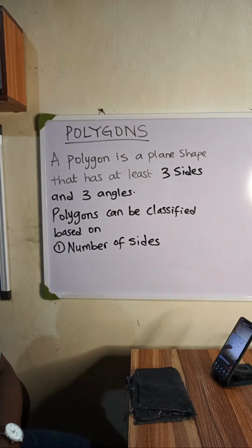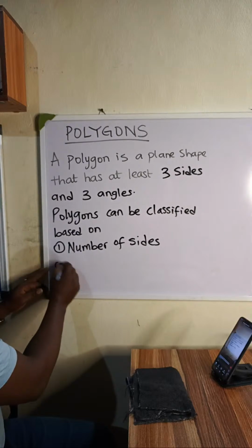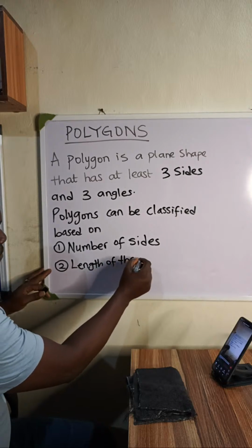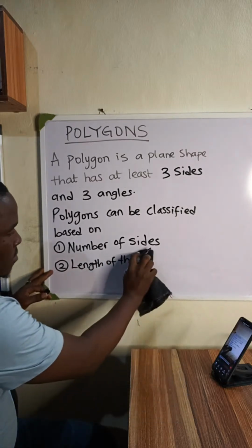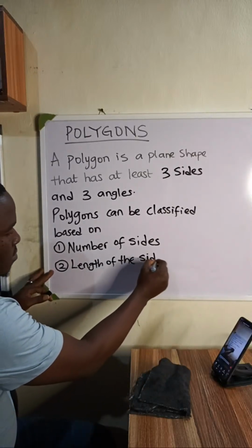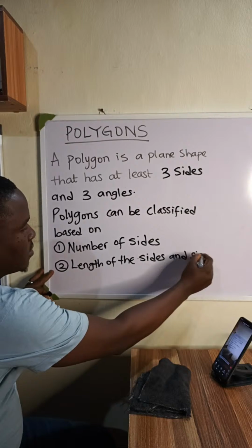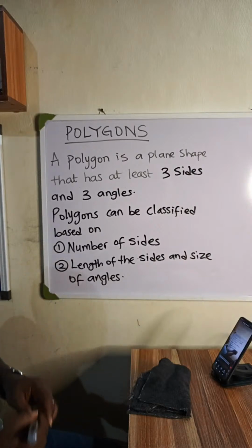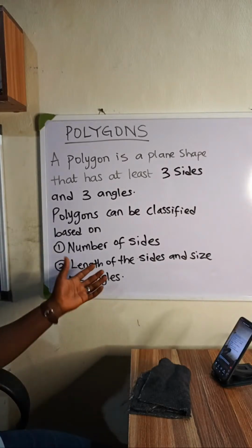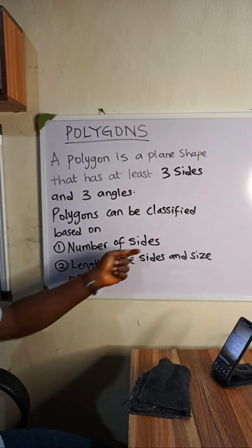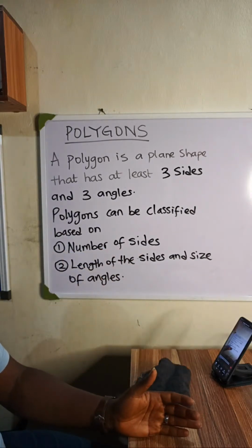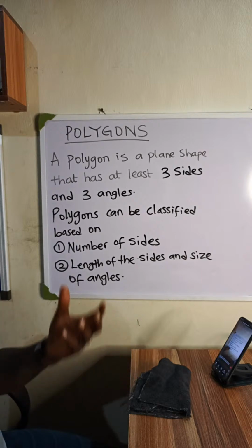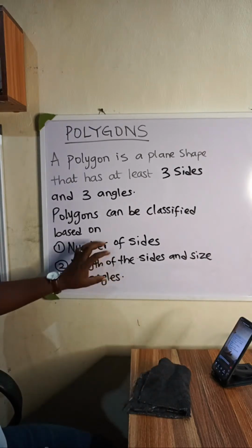And the second way to classify polygons is the length of the sides and size of angles. So these are the two basic ways of classifying polygons. We're going to look at these two classifications.